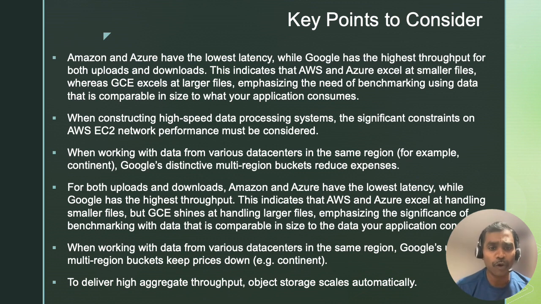And Google is the only one giving multi-region support compared to the other two. These downloads and uploads all depend on your network speed as well as what kind of computing device you have.